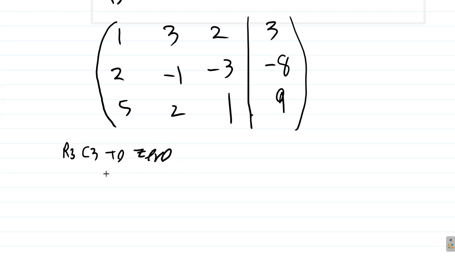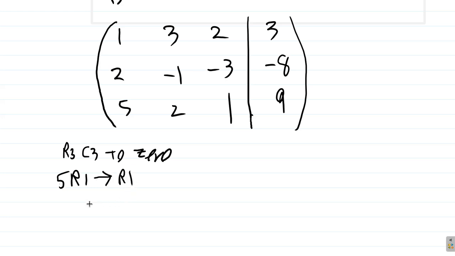So how do we do that? We have to get a 5 over this 5 and subtract them to get 0. So what we can do, this one here, let's multiply it by 5. So 5 times row 1 will give you a new row 1.